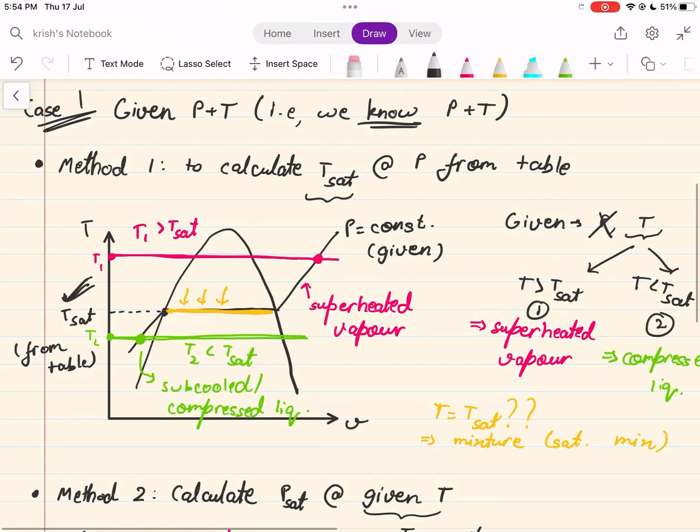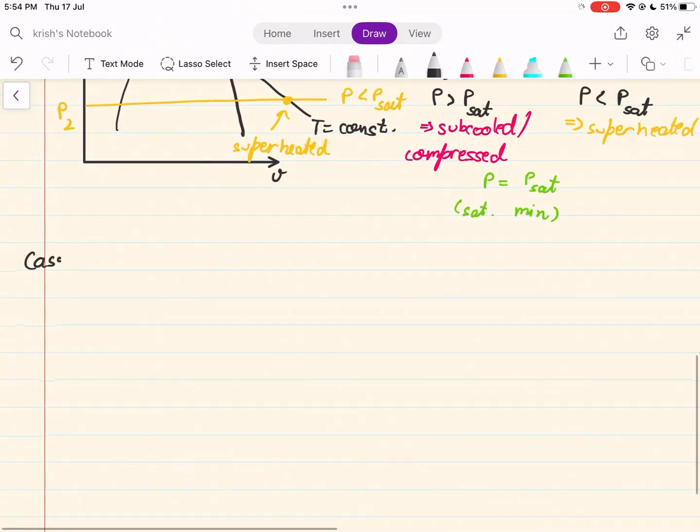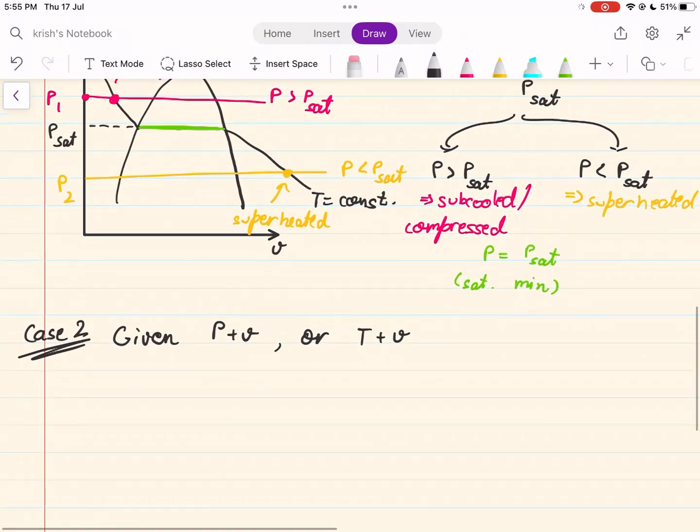Okay, so now this was case 1 when we know pressure and temperature. However, this is not often the case, right? So let us jump to case 2, where we are given P and specific volume or T and specific volume.